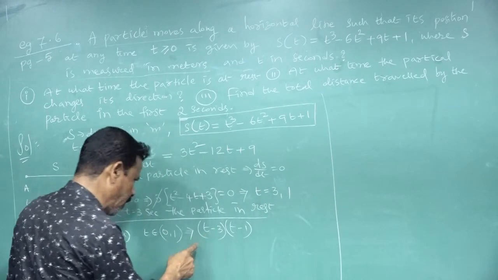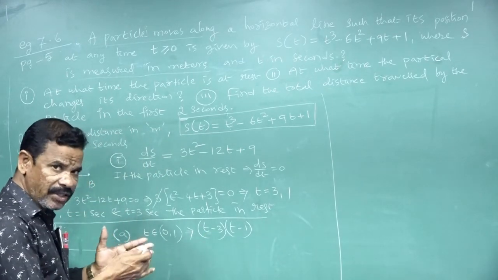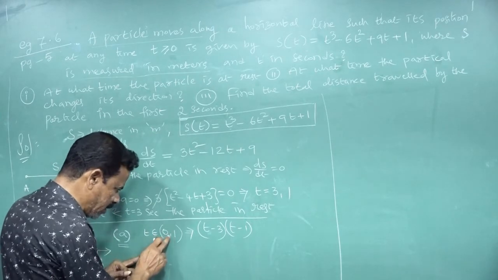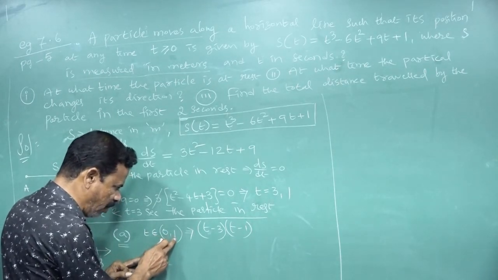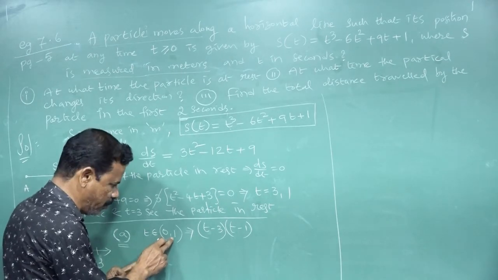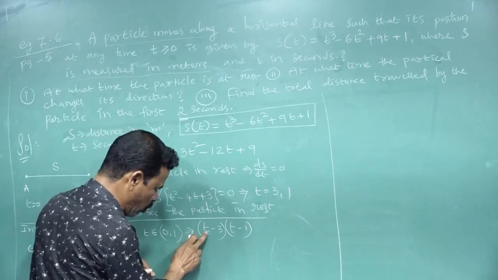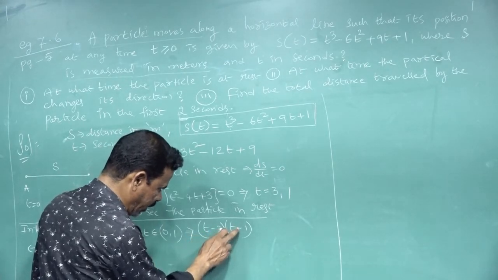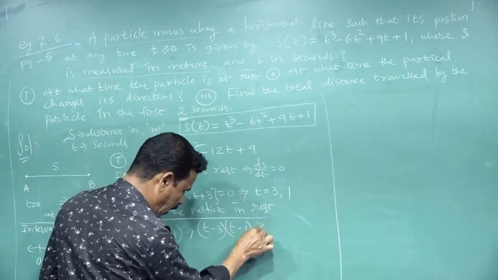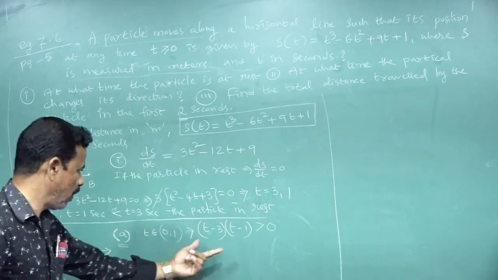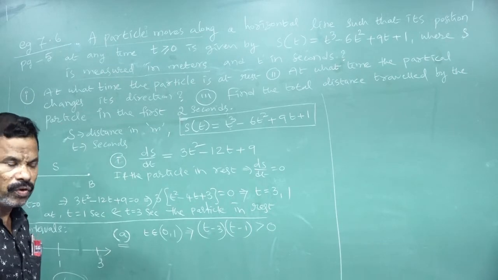So this is coming greater than 0 or less than 0. We consider 0 to 1, meaning in between 0 and 1, consider any one value, suppose 0.5. You substitute here: negative comes, and here also negative comes. So the total value is greater than 0. These factors are greater than 0.